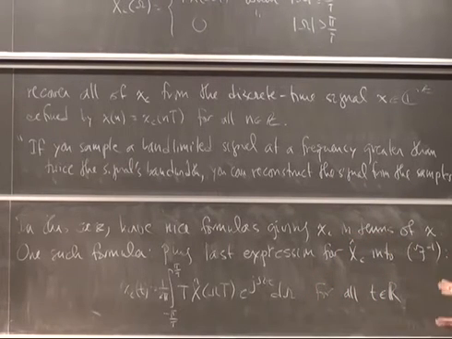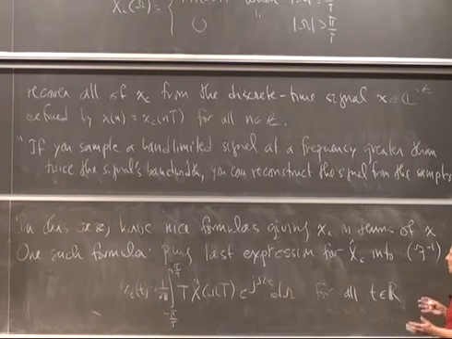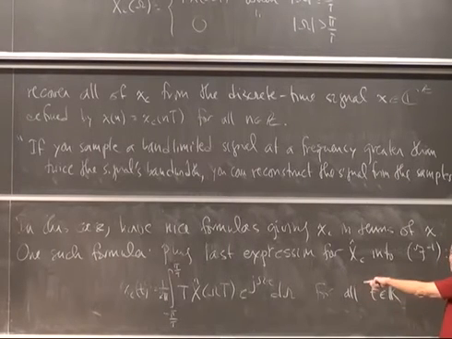When you say this formula out loud, you have to make sure you say that there are different t's in there: there's a capital T and there's a little t.